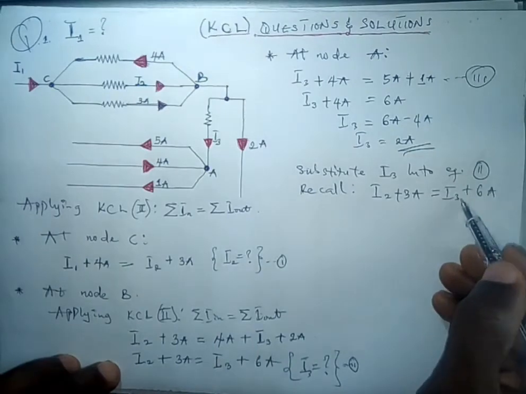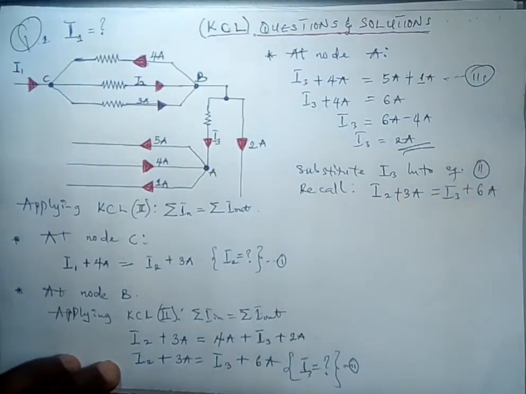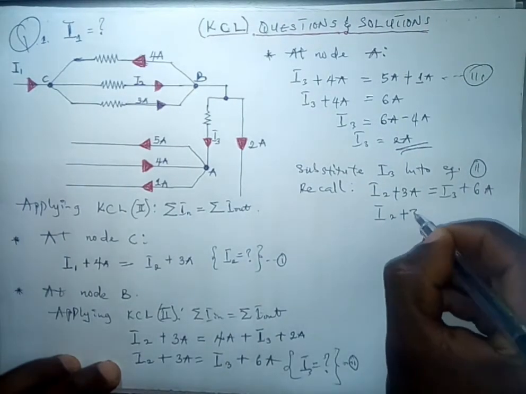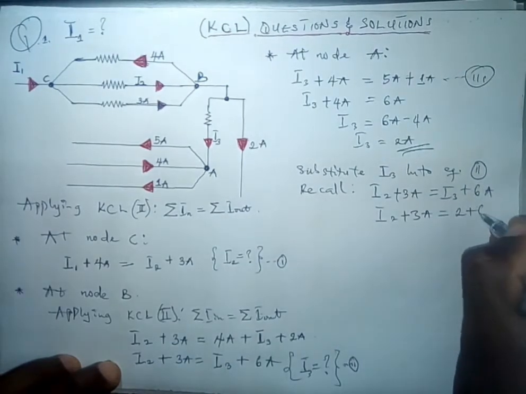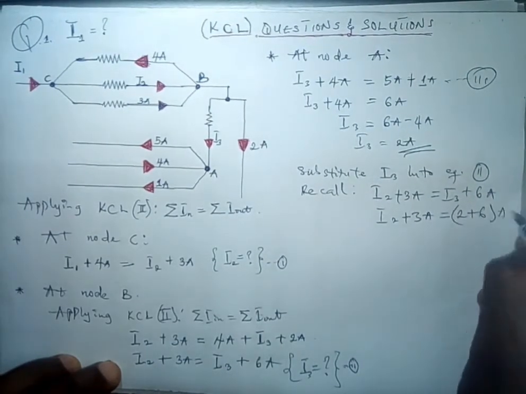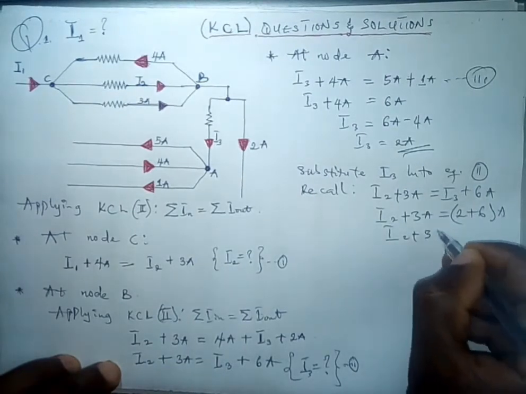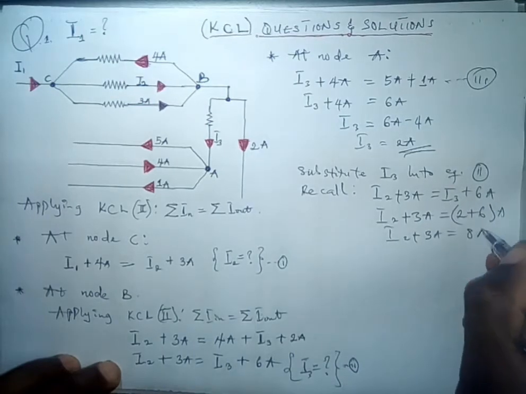So by the time we replace I3 with the value we got here, we are going to have I2 plus 3 ampere equal to 2 plus 6 ampere. So our I2 plus 3 ampere is equal to, all this together, 8 ampere.